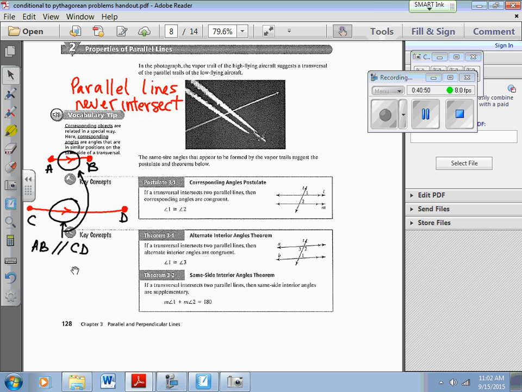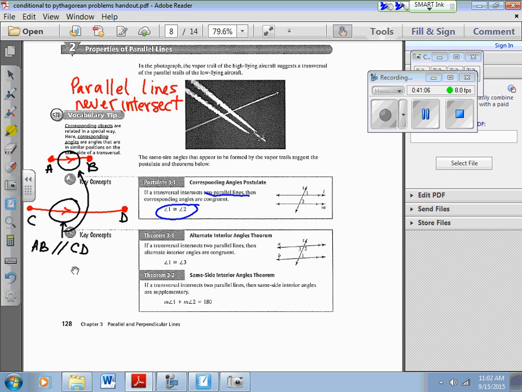Corresponding angles, you notice, are congruent to each other if and only if two lines are parallel and they're cut by a transversal.